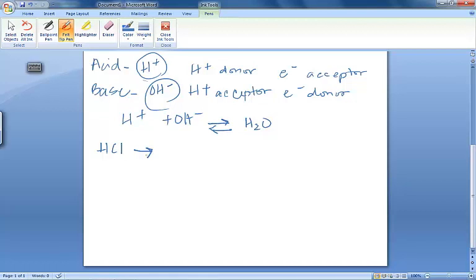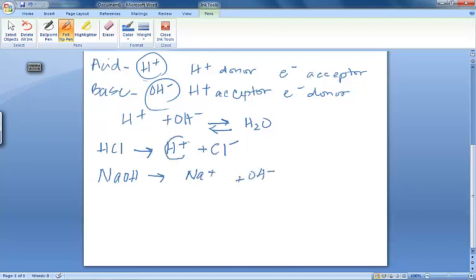So let's take a look at H+. H+ here is the result of H and Cl breaking up. So HCl will break up into H+ and Cl-, and these two will be aqueous. If this was a base, such as sodium hydroxide, a strong base, then we would be looking at a dissociation to form Na+ and hydroxide-.